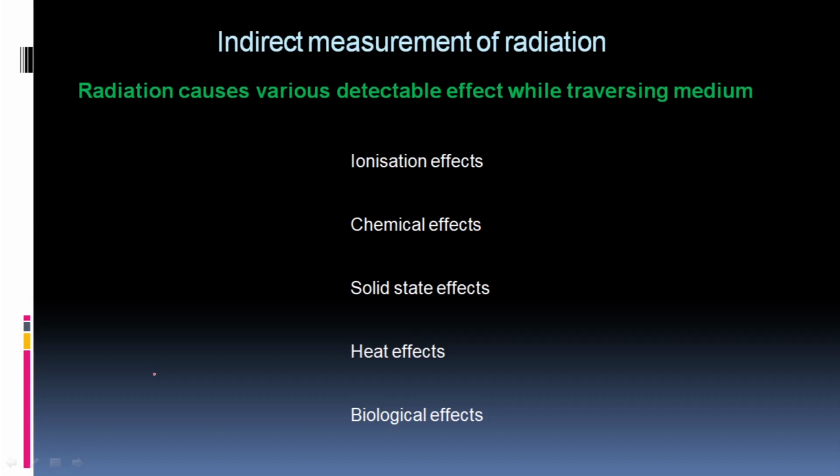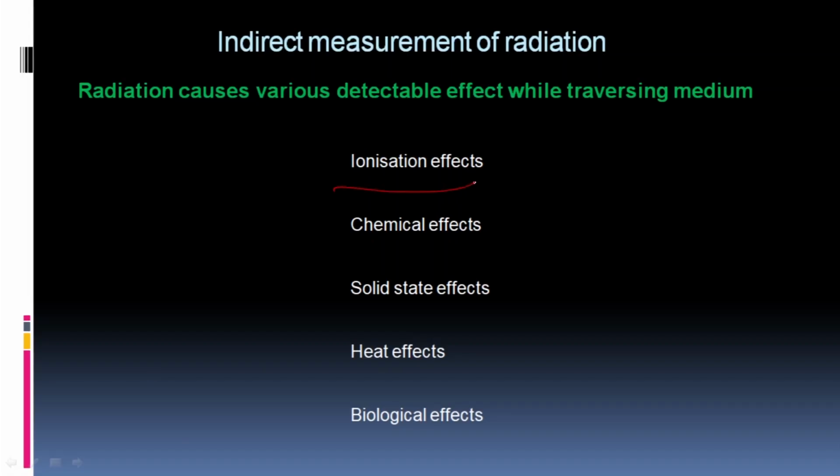Now, we know from our earlier classes that we have discussed various kinds of ionization processes. While traveling through material mediums, the radiation ionizes the atoms of the material medium, and if we are able to detect or measure the ionization, we can indirectly measure the radiation amount to which this material medium is exposed. So, the first one is the ionization effect.